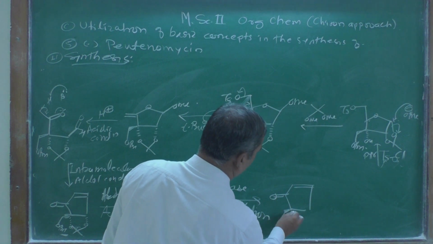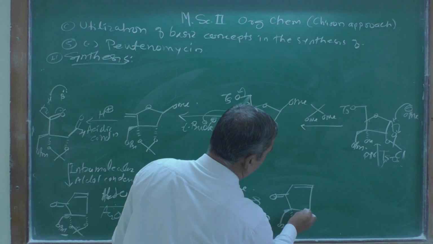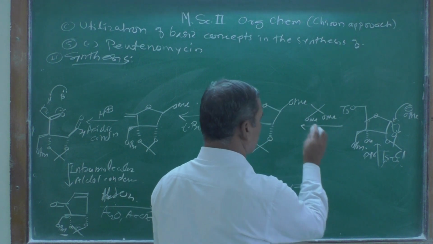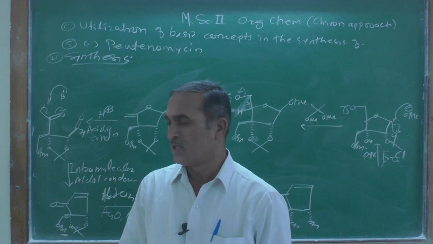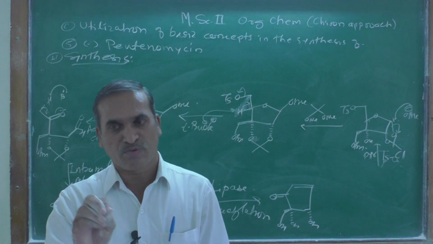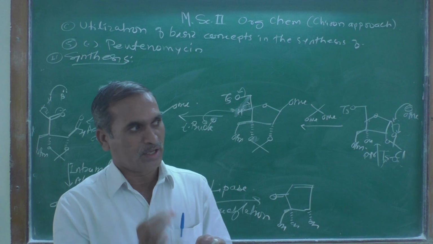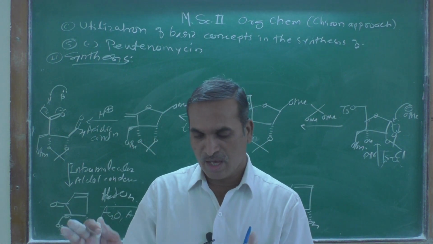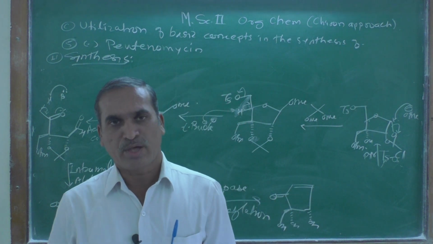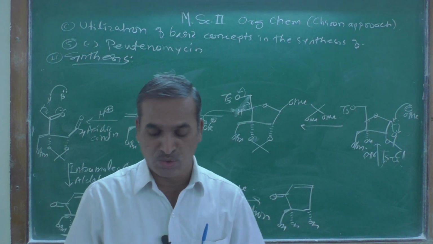This is OH, then OH, here is OH. So this is our target molecule. I think with this we have completed five target molecules, their retrosynthetic strategy as well as how they are synthesized in the laboratory that we have seen, and what are the collective reagents used over there.